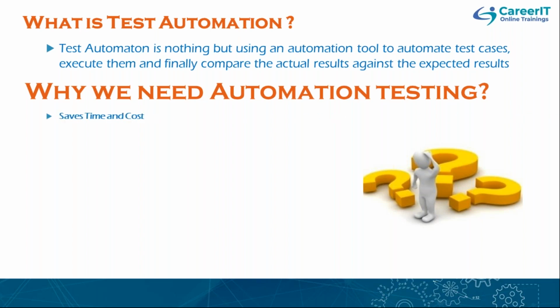First thing is, it saves a lot of time and cost. Suppose you have automation testing in place for your application, which is a very huge application with a total of 700 to 800 test cases.